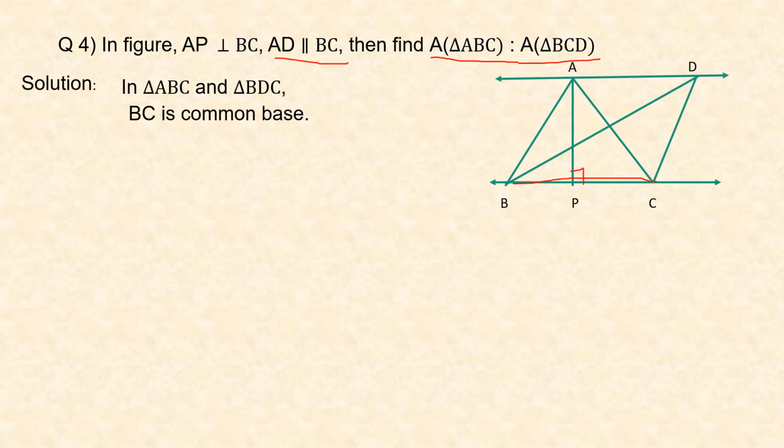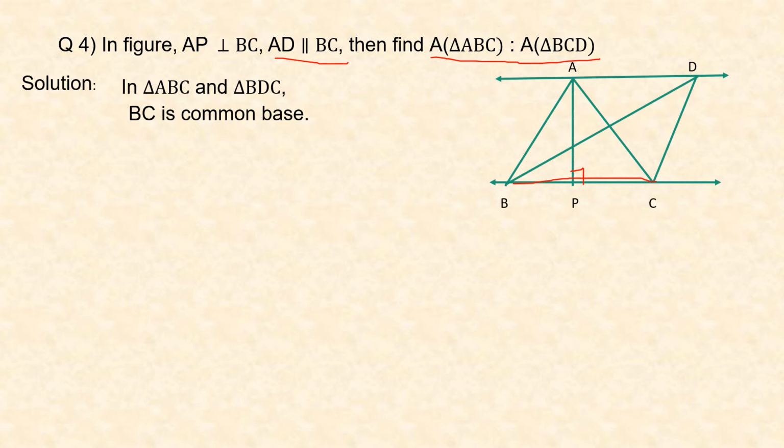When we draw the triangles between two parallel lines, one line is a base and on another line there is one of the vertices of the triangle. Then triangles are having common height.